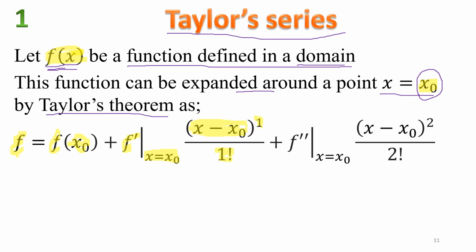So this is not going to matter, power 1 and factorial 1, but the next terms are going to matter. That is why I have written it here, plus the second order derivative of the function.